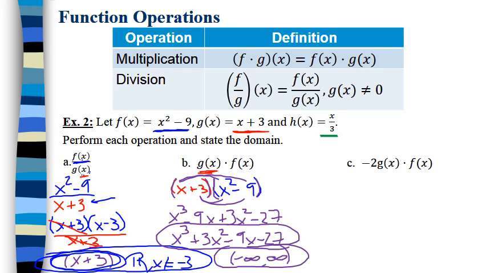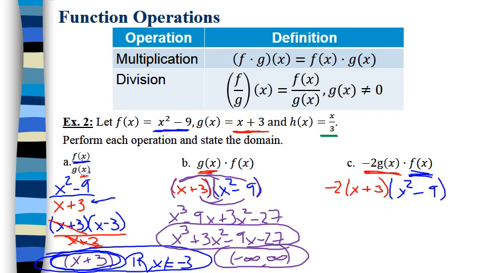Okay, for this example, we're going to do negative 2 times g of x times f of x. And so negative 2 times g of x, which is x plus 3, times f of x, which is x squared minus 9.